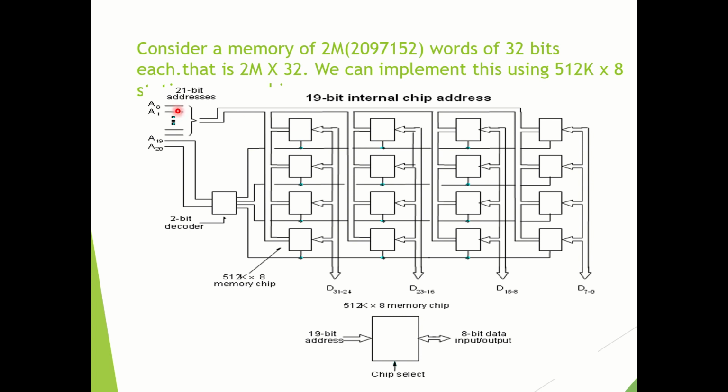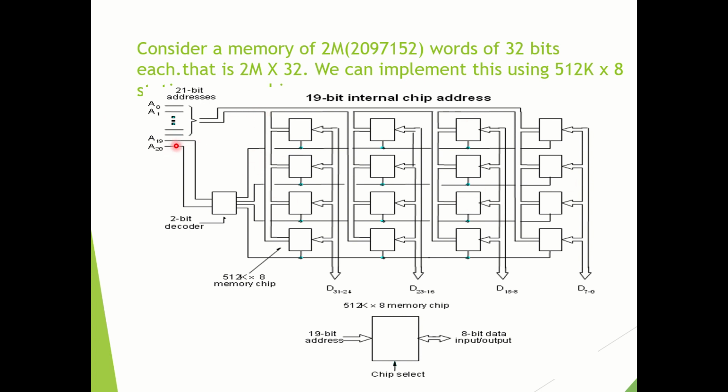So in total there are 21 address lines, but only 19 lines are needed by each chip in order to specify the row. For that purpose, A0 to A18, a total of 19 address lines, the lower order 19 address lines, are taken and connected to each of the chips.